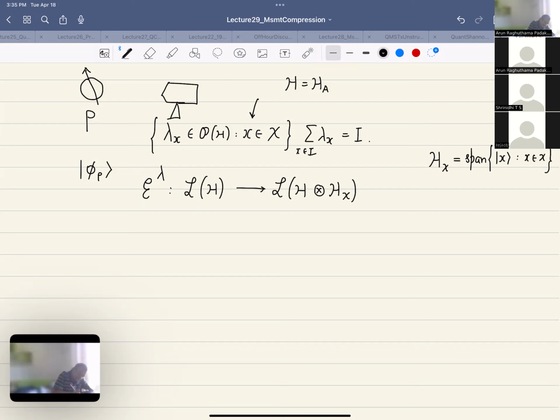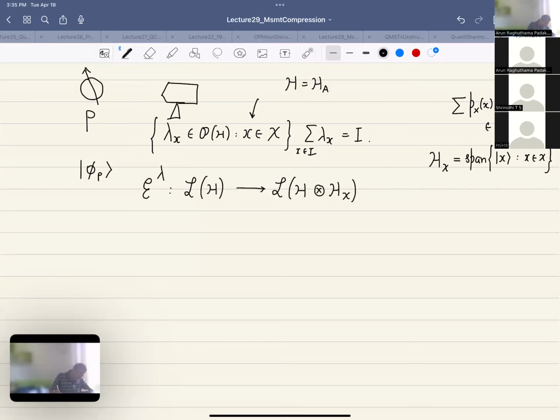So if my classical register has a distribution px, then the state of the register is given by this. This is a density operator in HX. That's all I'm saying.